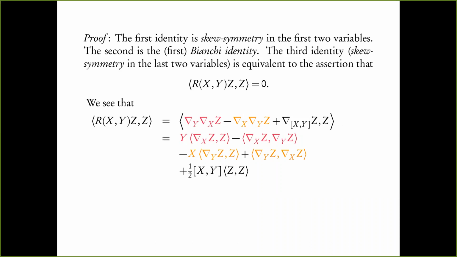So what I get is that Lie bracket xy acting on the inner product z z is twice this term, correct? This is just metric compatibility applied to the vector field Lie bracket xy acting on the pair z comma z. So that's why, if I want to find out this term, it comes with a half. Because if the half wasn't there, this term would simply have been twice of this because of the symmetry of the Riemannian metric. Is this clear to everyone?